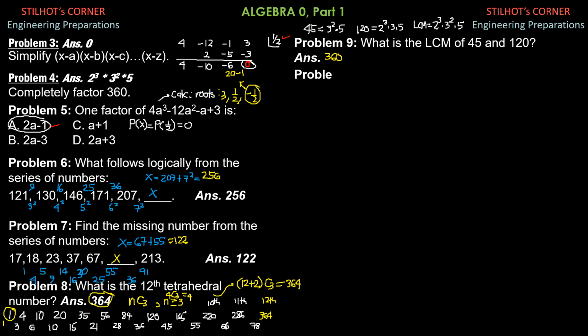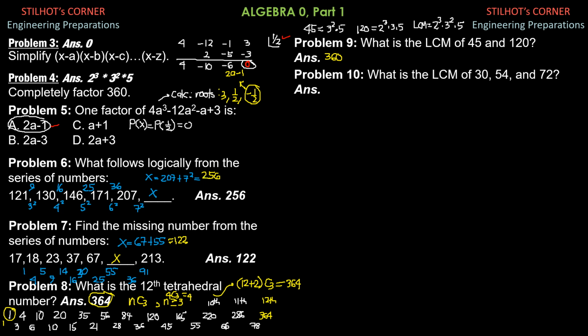So for the next problem, what is the LCM of 30, 54, and 72? So factor completely. I was supposed to give this as your practice problem. So anyway, there's no provided answer.